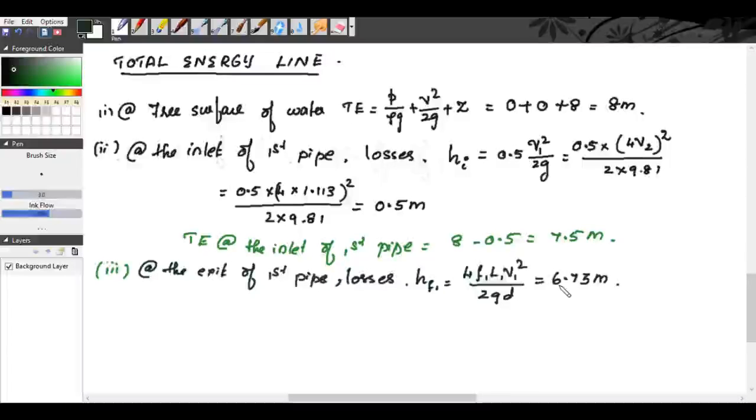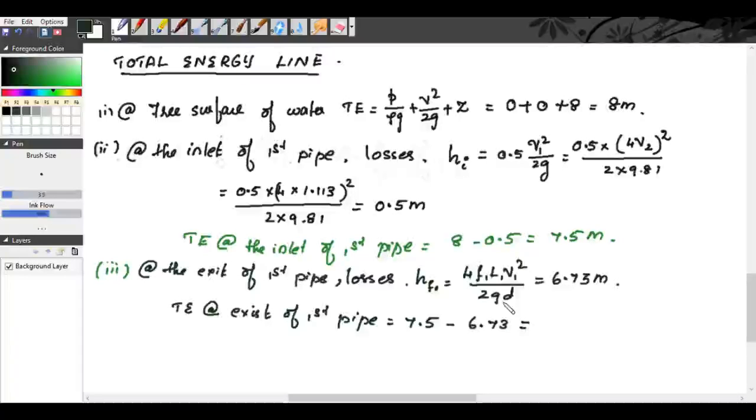So loss is 6.73 meter. Total energy at exit of first pipe will be equal to, see, from this you have to subtract 6.73.